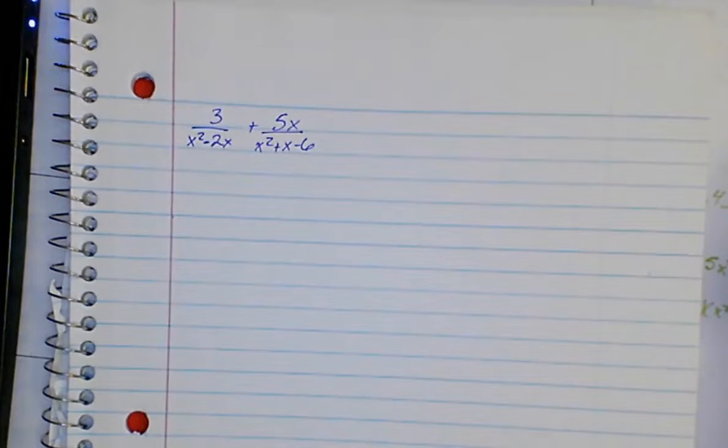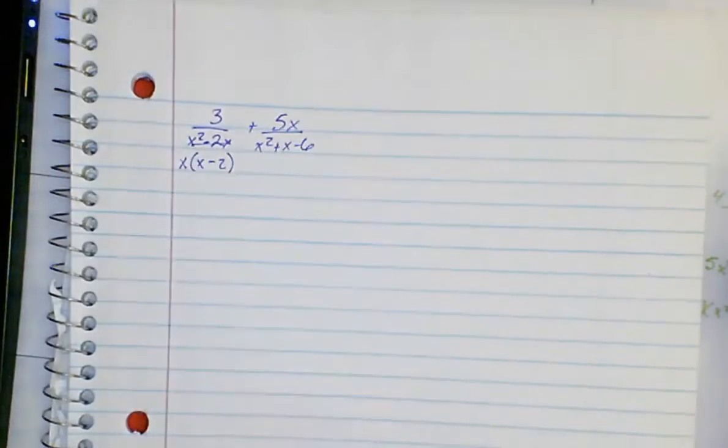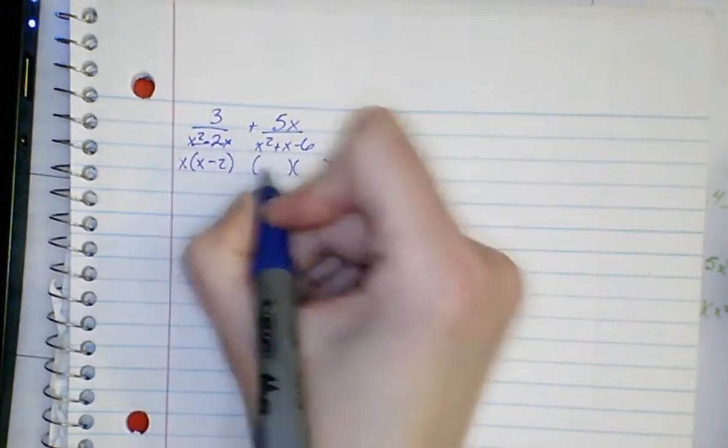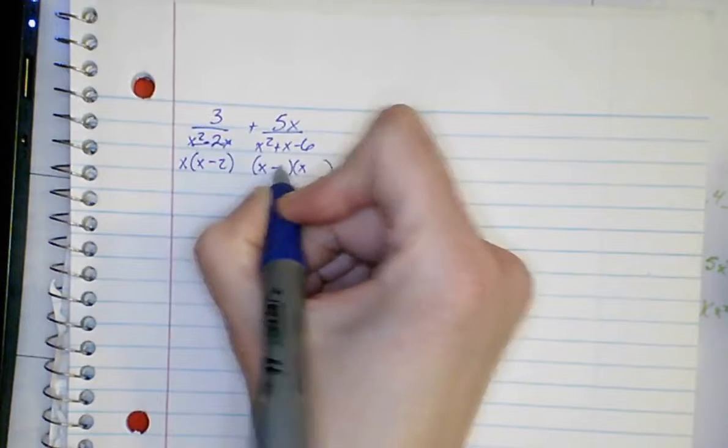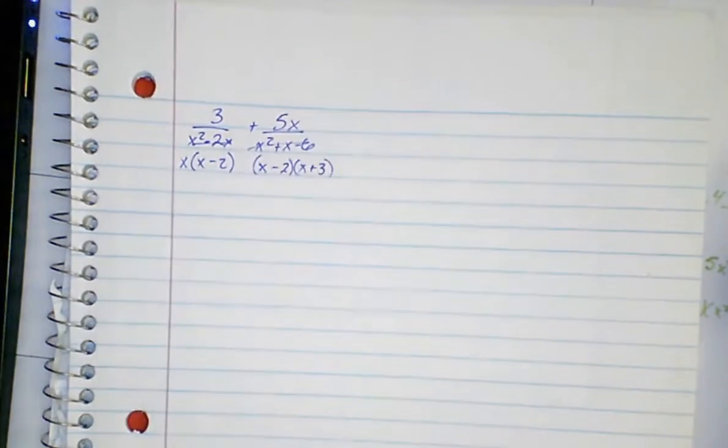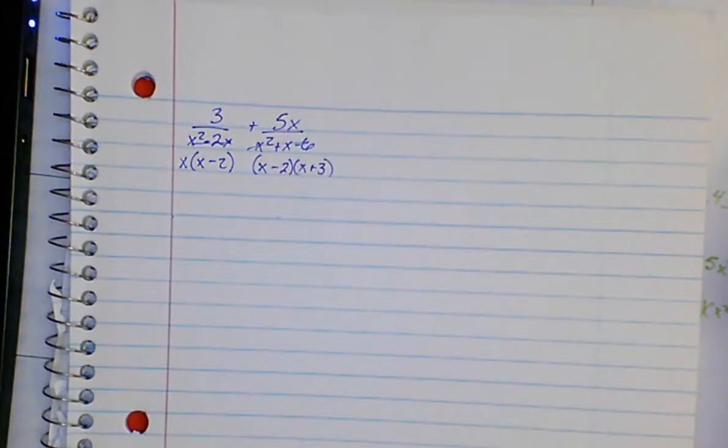Now, just like we did on our fractions, we factored them, and we could see each of the different factors we had. Well, that's the same thing we're going to do with this one. We are going to factor the denominators so that we get the least common denominator.